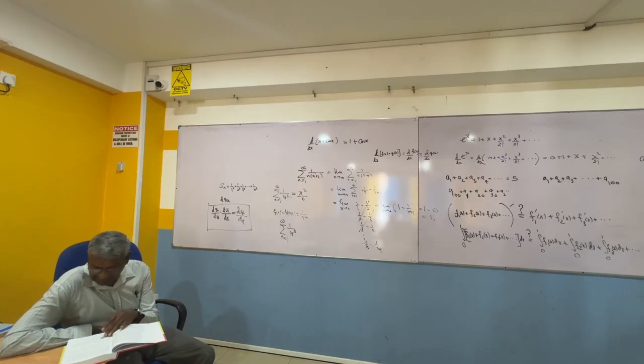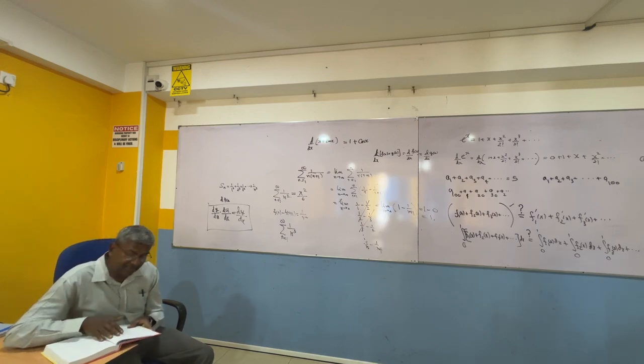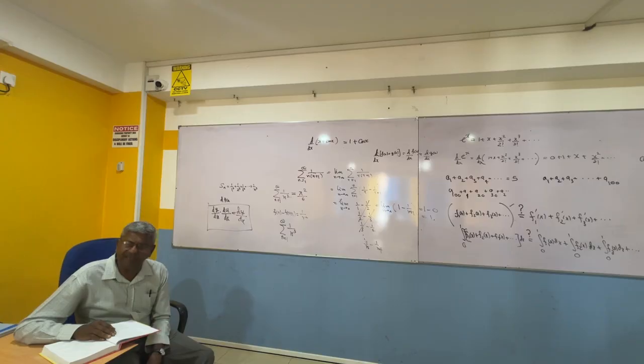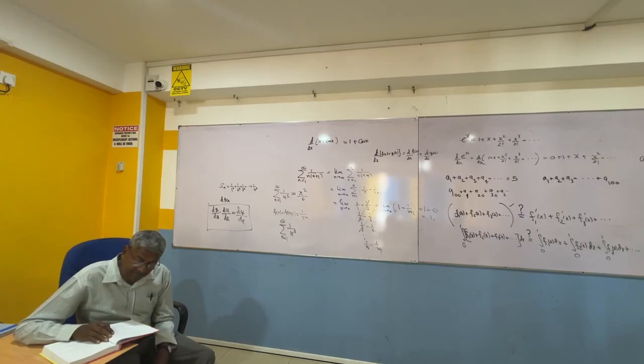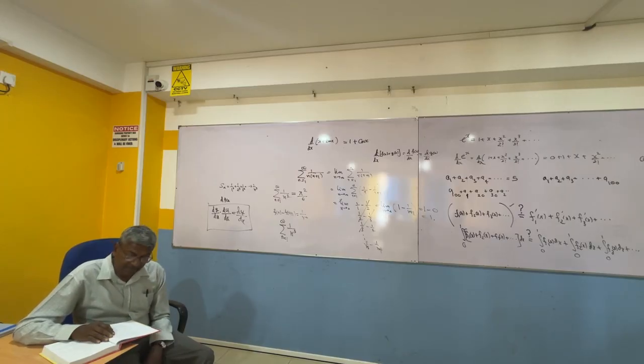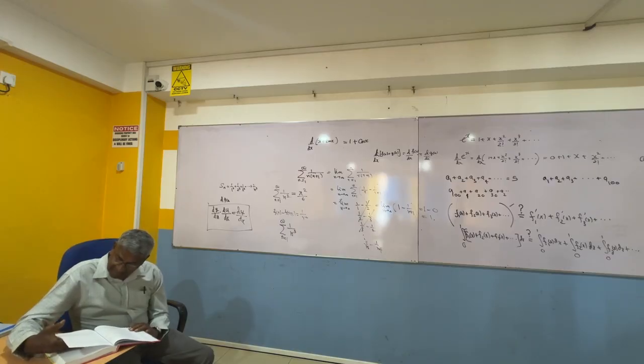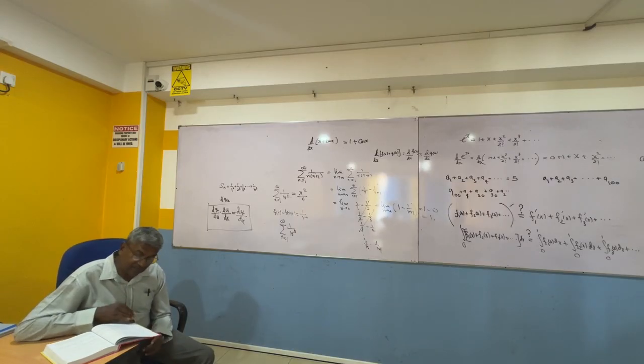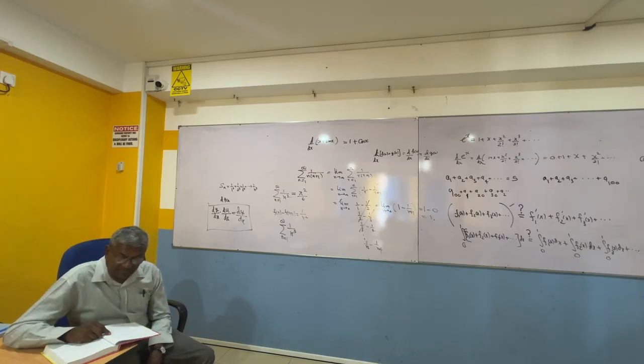If instead you put parentheses around the first two terms, the second two, and so on, you get 0 plus 0, and hence S equals 0. Or instead, if you leave the first 1 alone and then put parentheses around each two terms, you get 1, and hence S equals 1. So you got this: first S equals 1/2, then S equals 0, then S equals 1. Which one is correct?